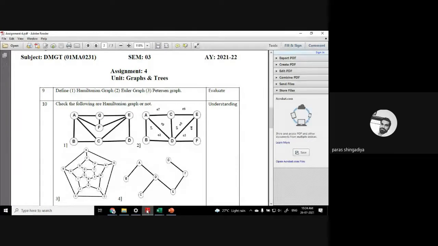Now, what about the third graph? Is it Hamiltonian? Third graph, is it Hamiltonian? How many of you checked it?